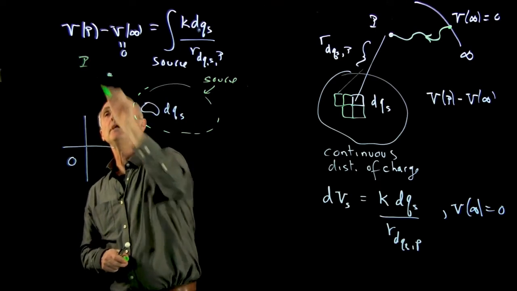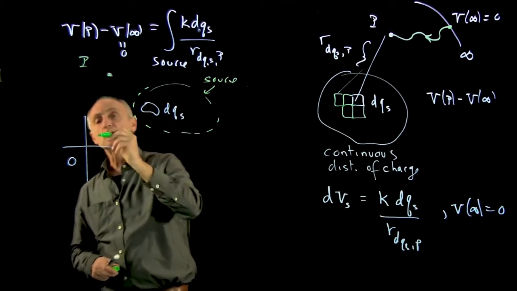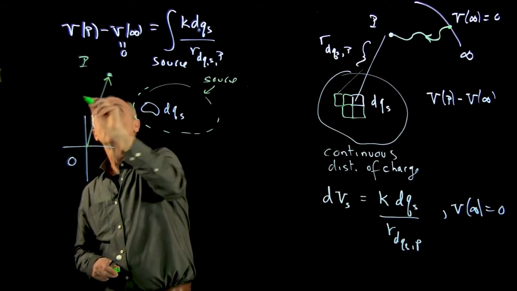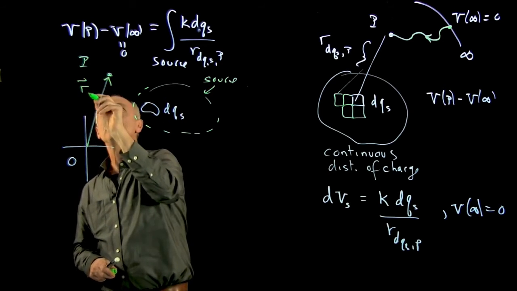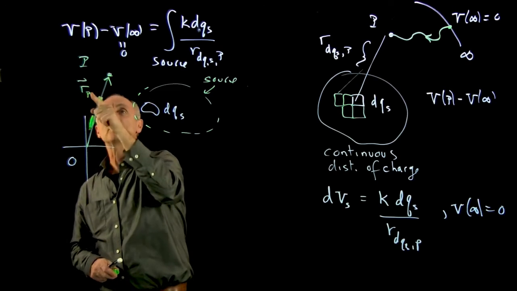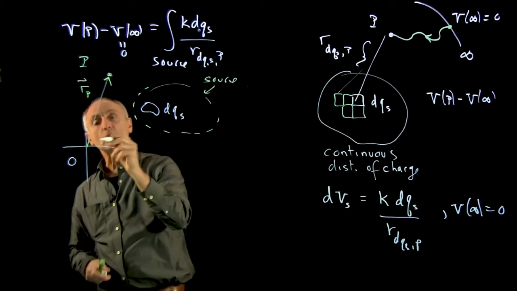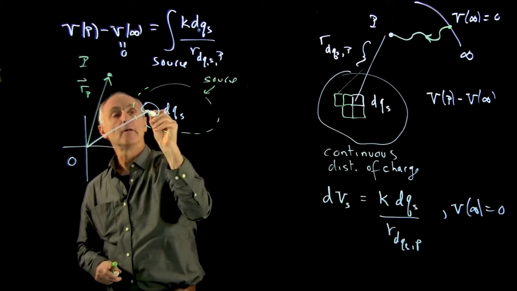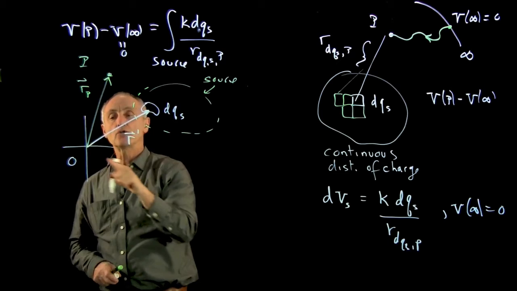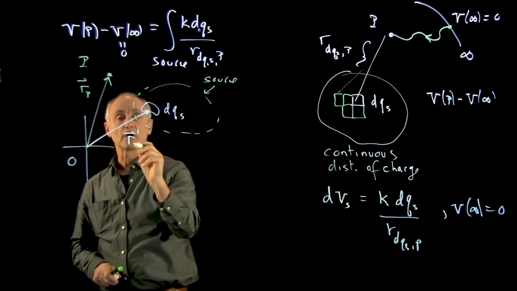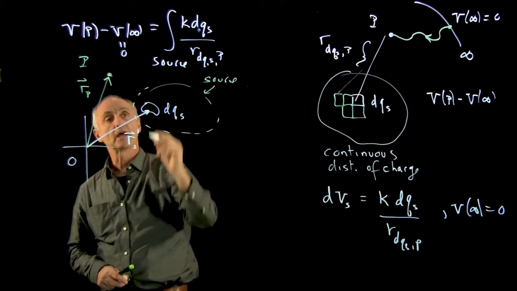Here's our field point P here. And what we'd like to do is introduce a vector, r, to the field point. That's from the origin to the field point. And we'd like to introduce an integration variable, vector r prime, that goes from the origin to the source.